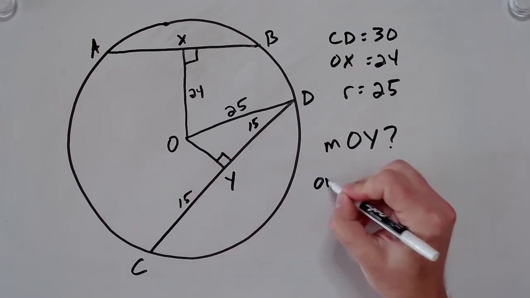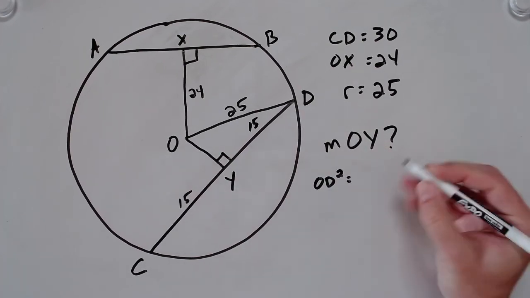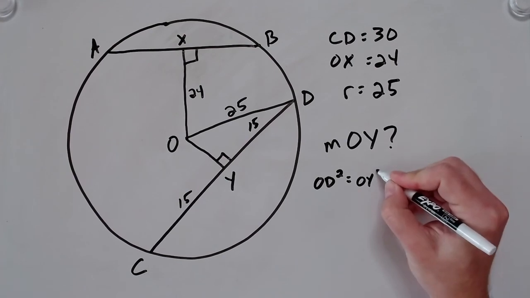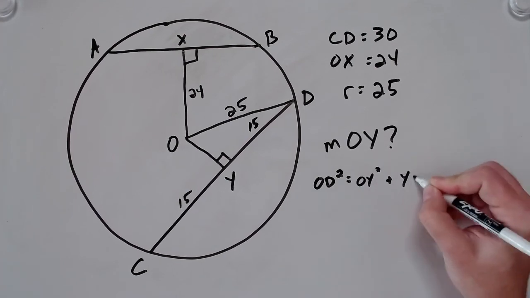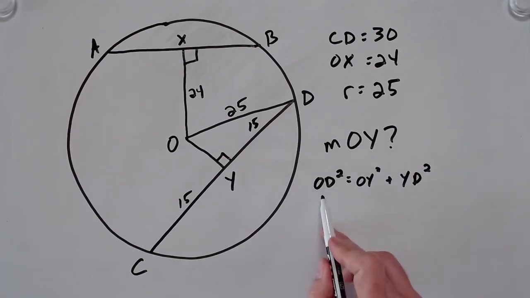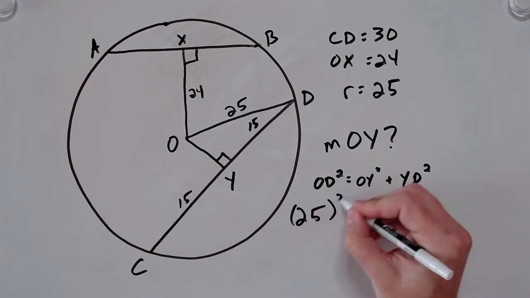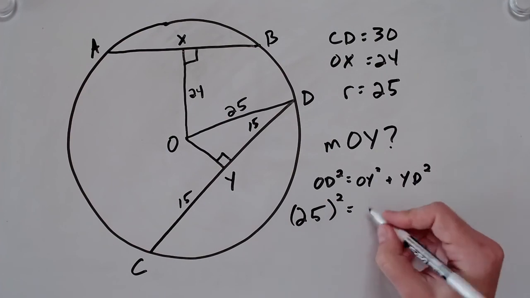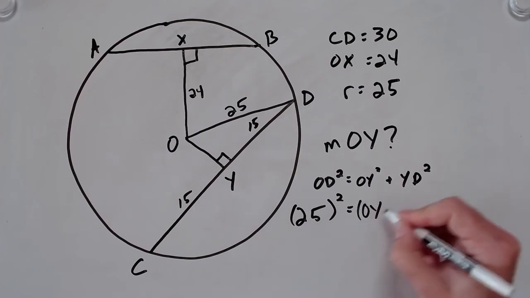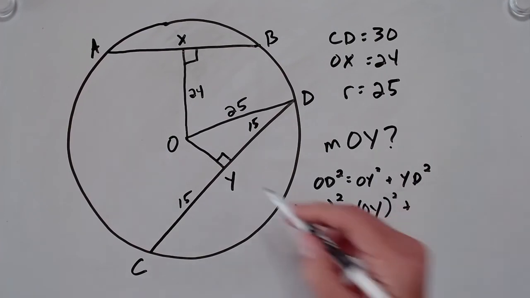So OD squared is going to equal OY squared plus YD squared. So OD is 25. So 25 squared is equal to OY, the thing we're trying to find, OY, we'll put parentheses on it, squared, plus YD squared.